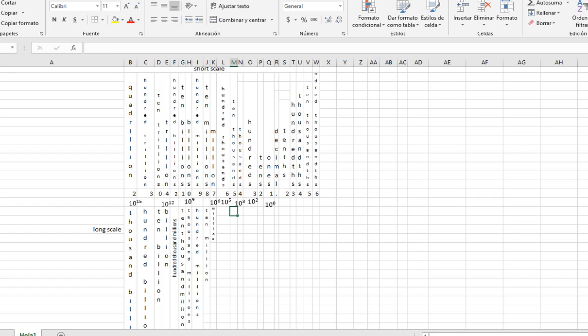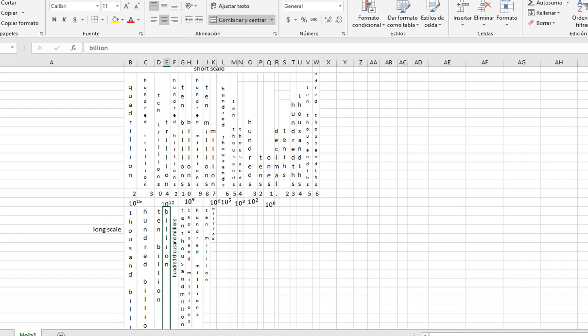Then you have in the short scale 10 billions, but in the long scale you have 10,000 millions. Then you have 100 billions, and in the long scale you have 100,000 millions.